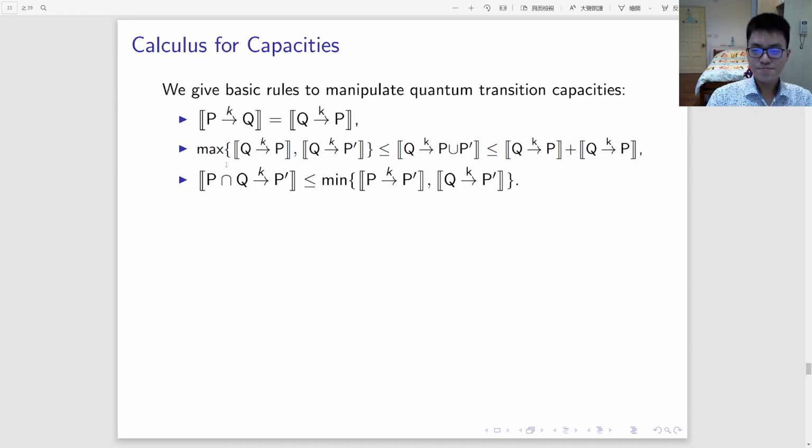And second, whenever there are union properties within the transition capacities, we have something like a quantum union bound for the upper bound and also a lower bound for that. Similarly, when encountering an intersection property, we can also bound the corresponding transition capacity as well.